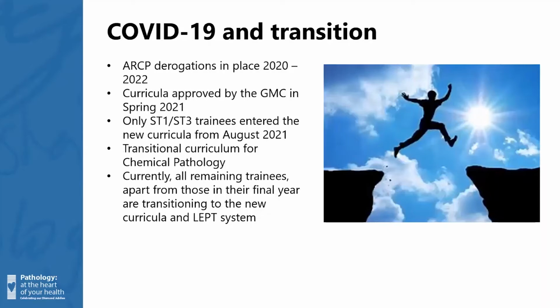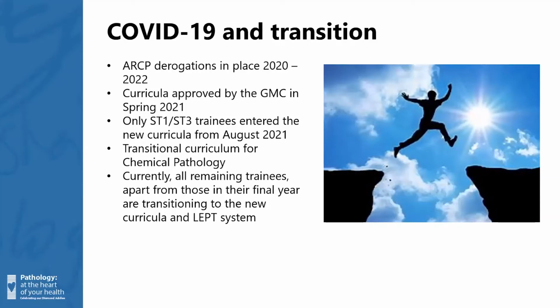When we introduced the curricula, they were quite late in being approved, mainly due to COVID, and by the spring of 2021, when they were approved, we already had 2 years of ARCP derogations behind us. So we were very conscious of the situation in which we were publishing these curricula.